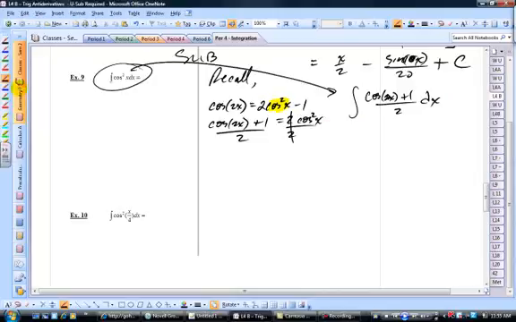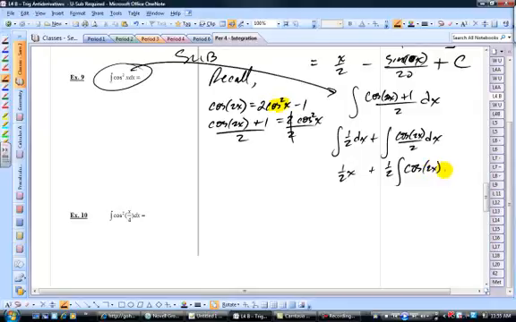So we've got the integral of 1/2 dx plus the integral of cosine of 2x divided by 2 dx. Who's noticing that it looks very familiar? Very similar to the previous one. All right, and then this one gives you 1/2 dx and plus 1/2 the integral of cosine of 2x dx.